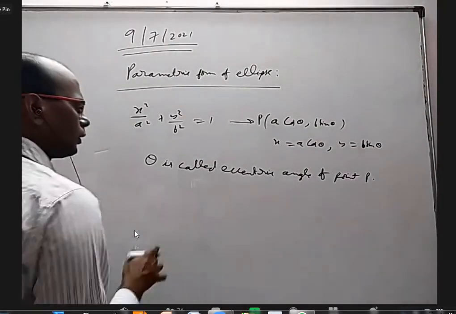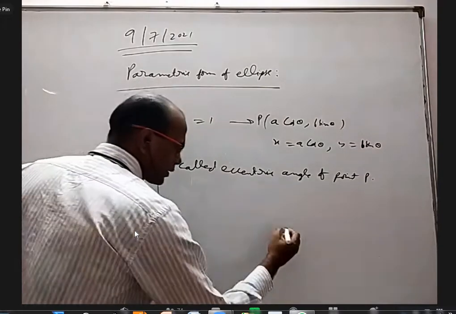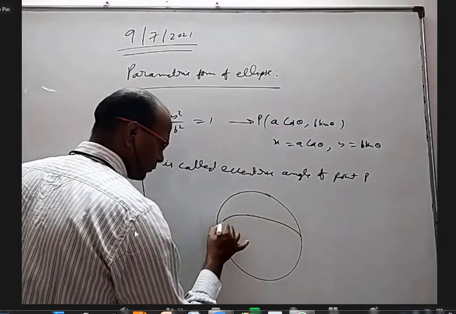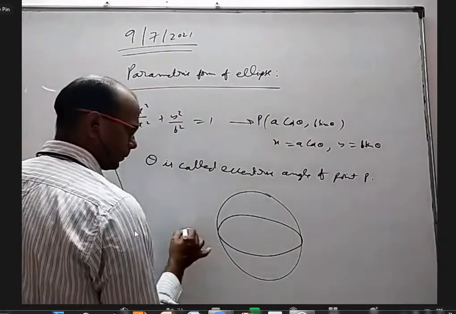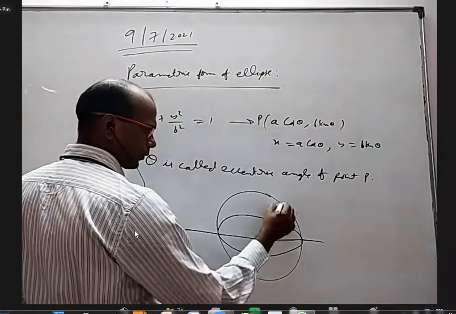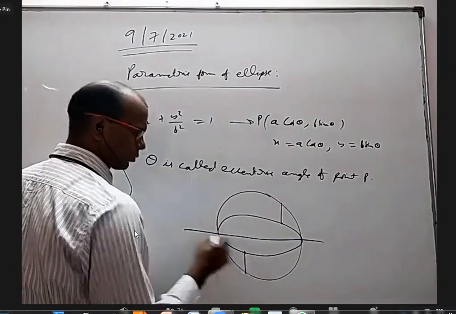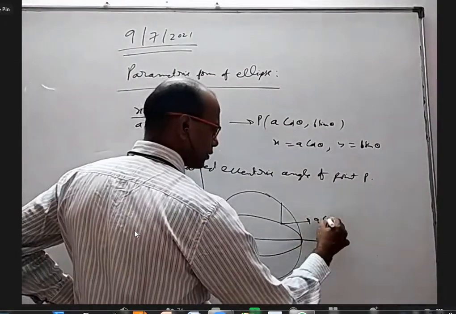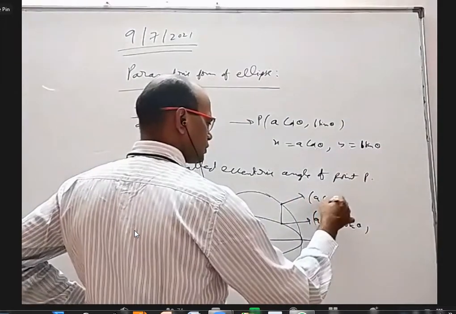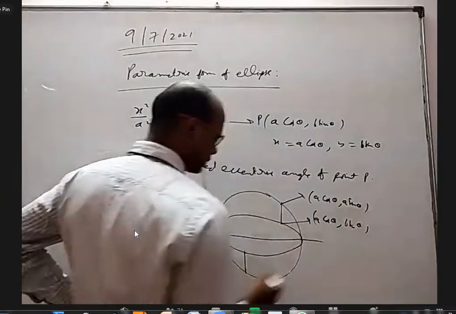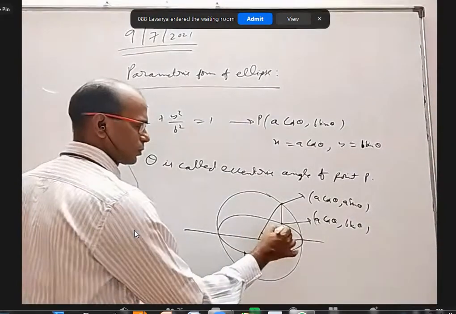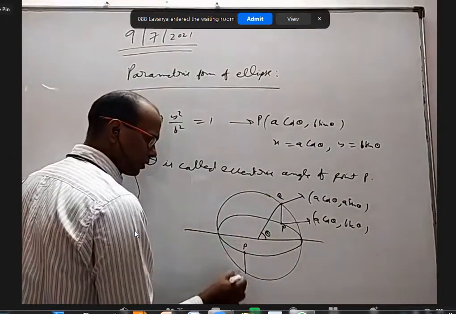That's all. I gave you a geometrical explanation of this, that you take the auxiliary circle of the ellipse and the ellipse itself. You take a point here and here. You can even draw here and here also, no problem. So this is a cos theta comma b sin theta, and this is the corresponding point which is a cos theta comma a sin theta, and that angle is theta. This is P. I'll call this as Q. When P is here, Q will be down.